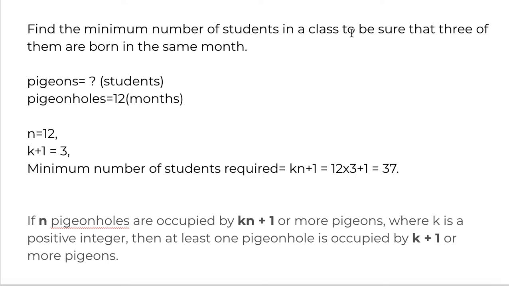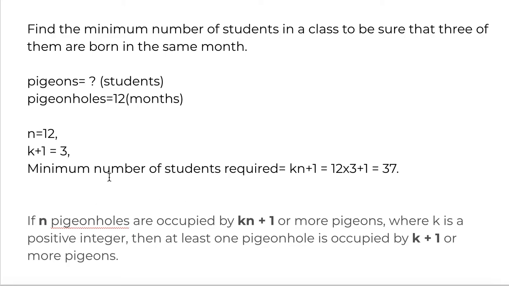Pigeonholes is 12. So just looking at the formal definition, you have n pigeonholes, so n is 12, and you require that at least one pigeonhole is occupied by k plus 1 or more pigeons. So k plus 1 is 3 and k becomes 2.